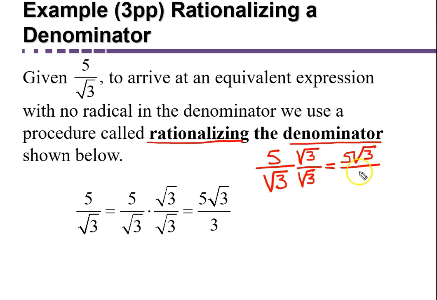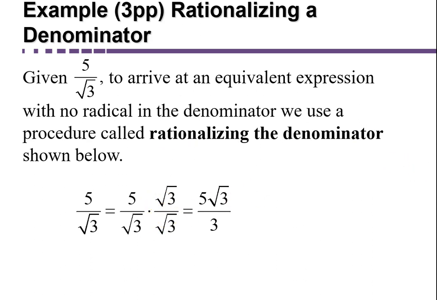That we know simplifies to 3. So we've now gone from an irrational denominator to a rational denominator through the process of rationalizing the denominator. This is a great word because it means exactly what we're doing. And here they're showing us in detail. All right, let's go on.